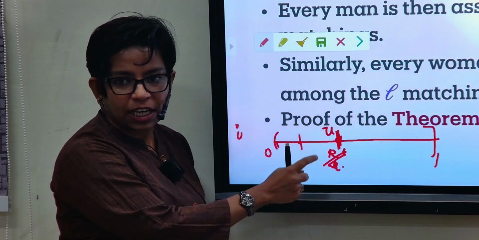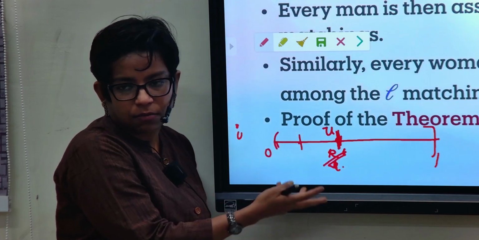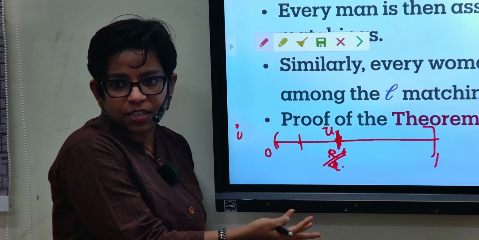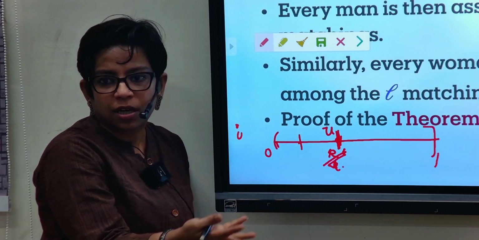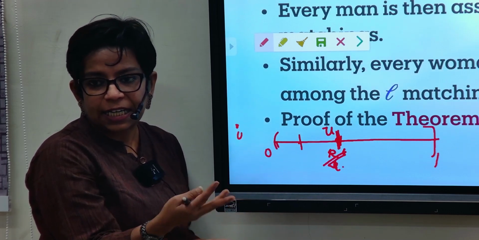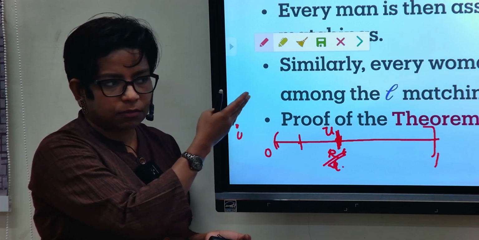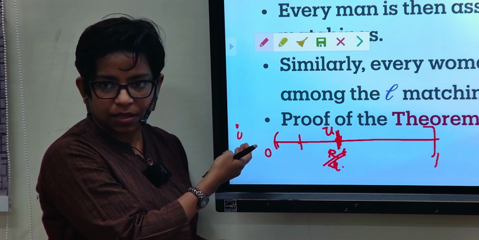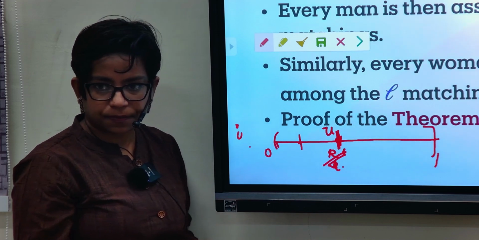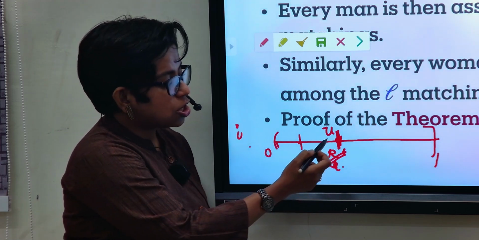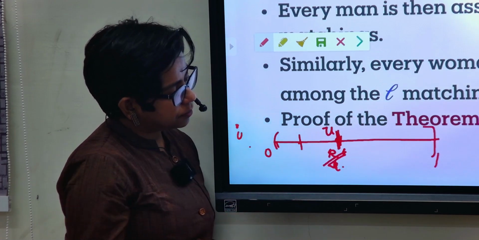So if it does fall in one of those non-zero intervals, it indicates one of the partners that belongs to this i in one of the L matchings. Correct?